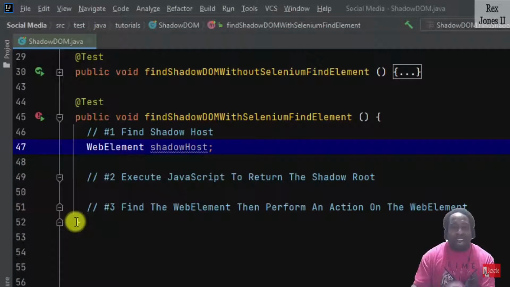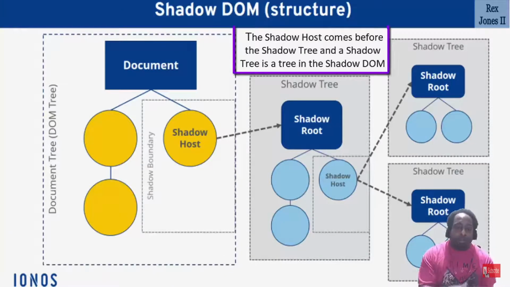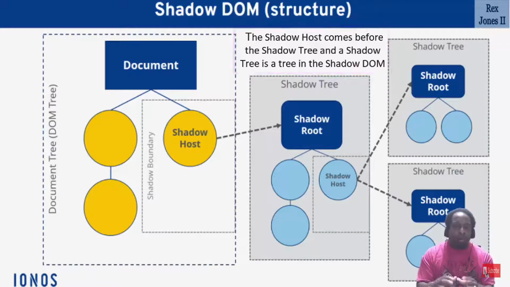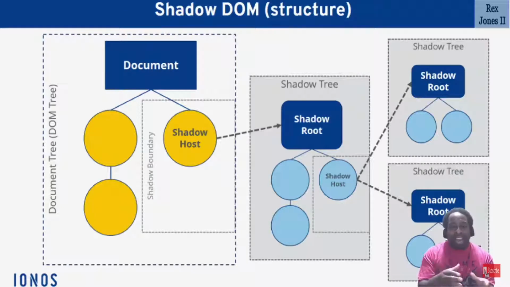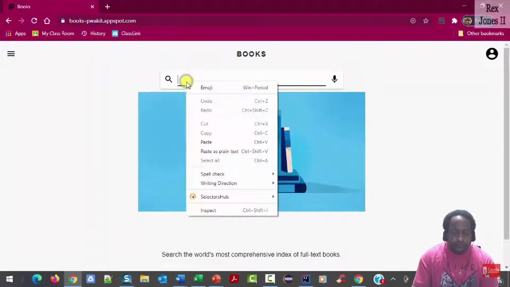Now we have to find the element. Recall from the diagram, the shadow host comes before the shadow tree, and a shadow tree is a tree in the shadow DOM. All shadow trees begin with a shadow root. Go to our AUT, inspect the search field.